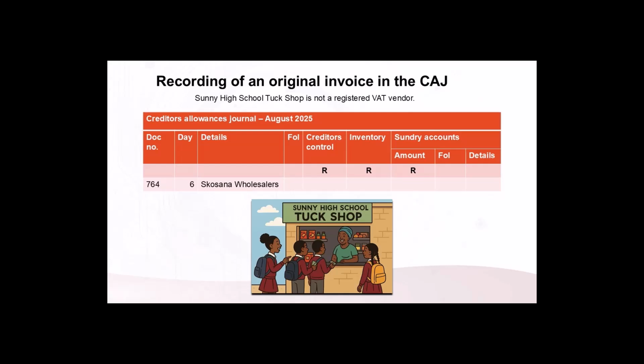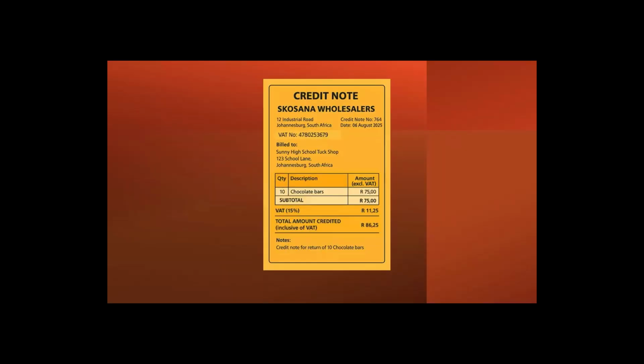For that, we will once again use the total amount inclusive of VAT, since it's stated that Sunny High School Tuck Shop is not a registered VAT vendor. On our credit note, we see the quantity, the description, and the amount. We returned some chocolate bars for 75 Rand.